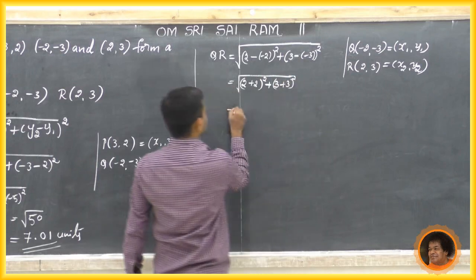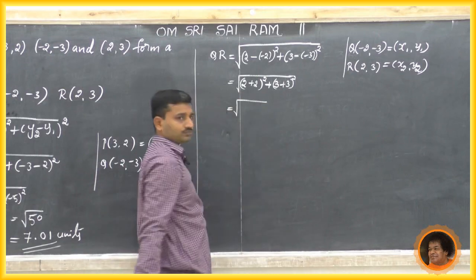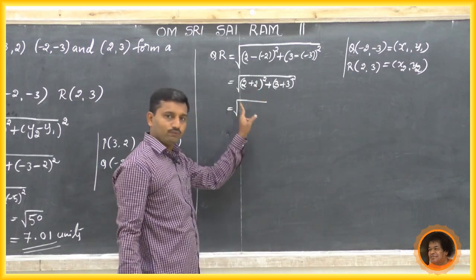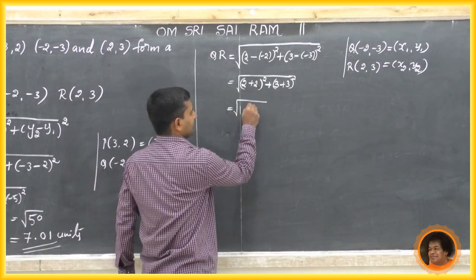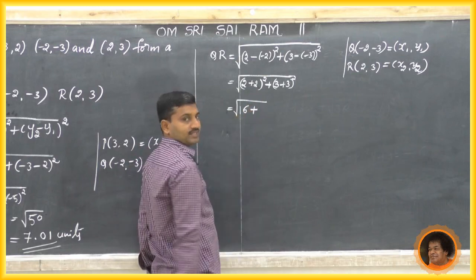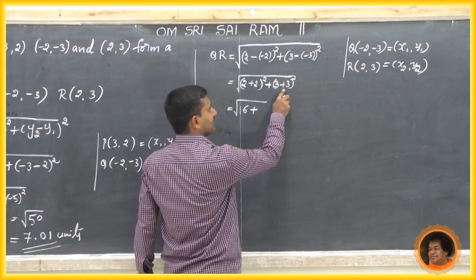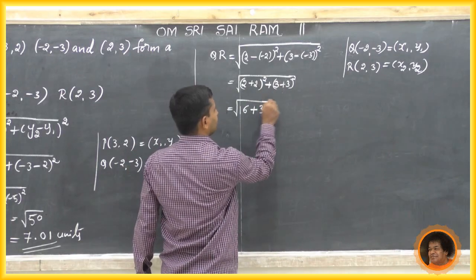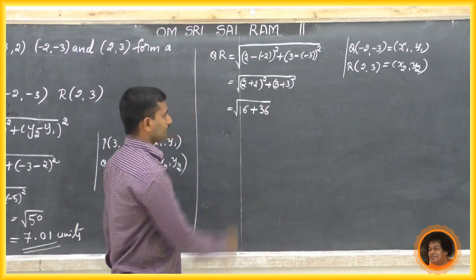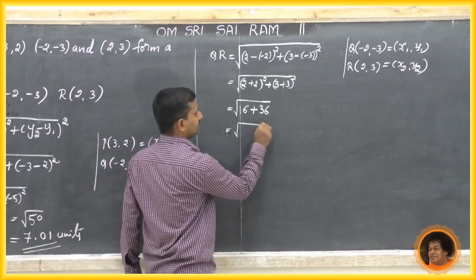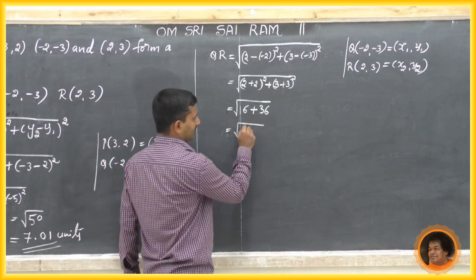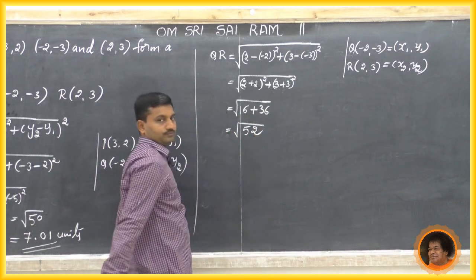So what is the answer? Equal to square root of 2 plus 2, 4 square, that is 16, plus 3 plus 3, that is 6 square, 36. What is the answer? Find the sum: 16 plus 36, answer 52.